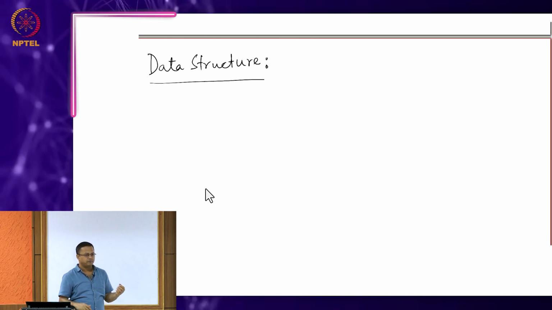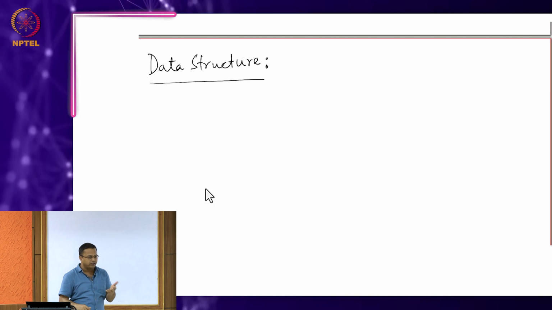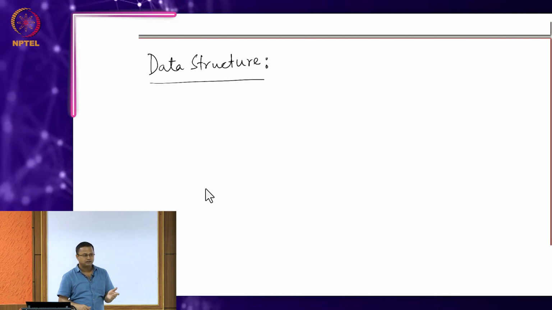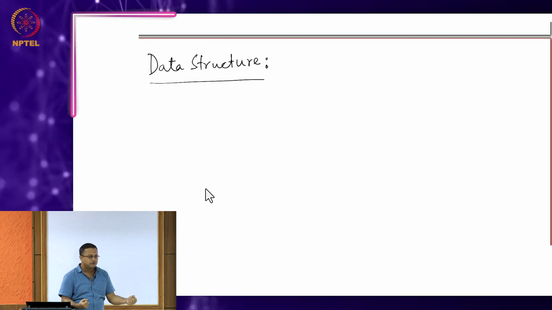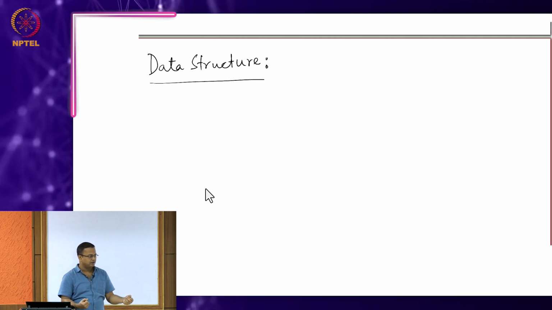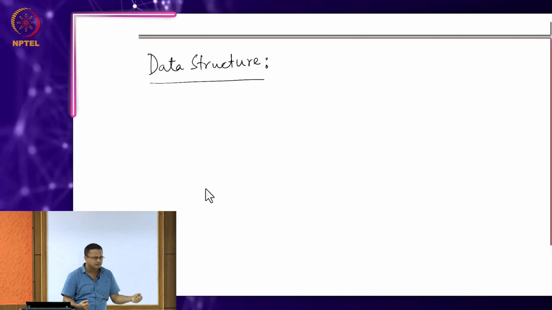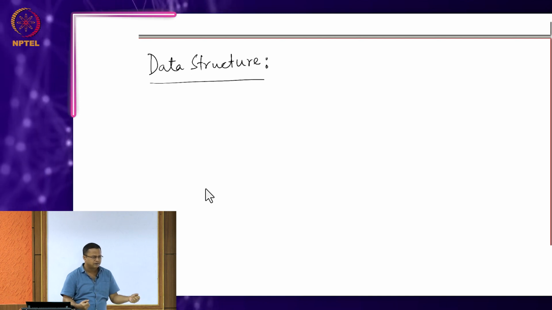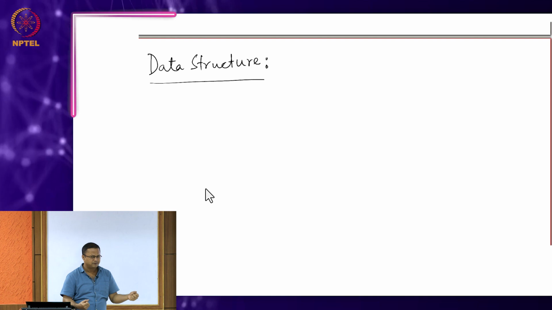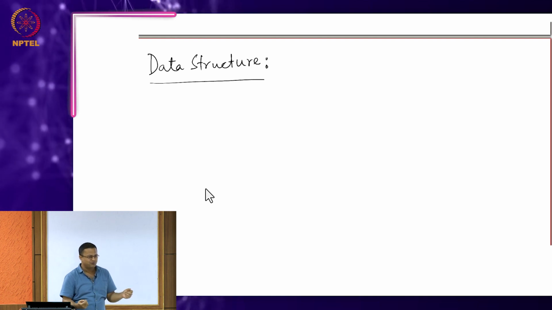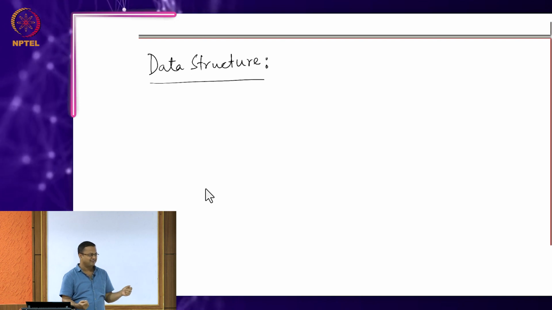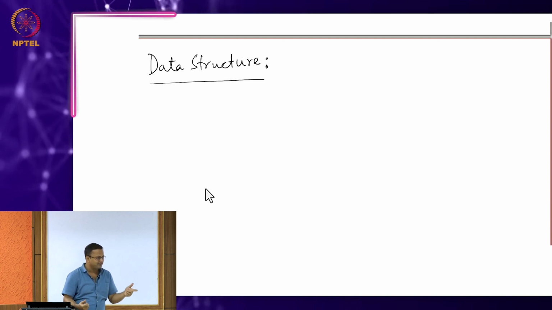So, say for example, you are doing a binary search. What kind of data structure should you use? Array, right? Should you not use a linked list? You can. Can you? Maybe. You cannot.